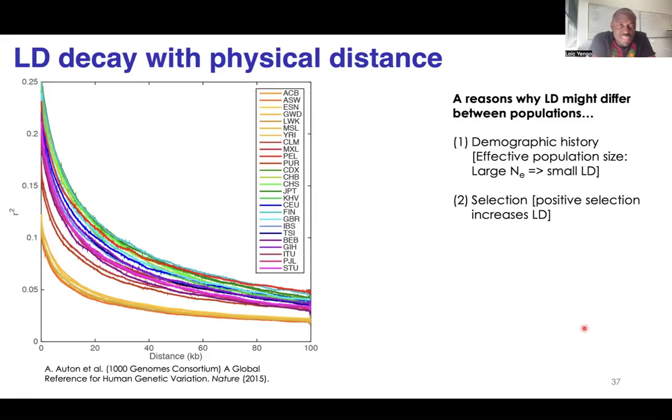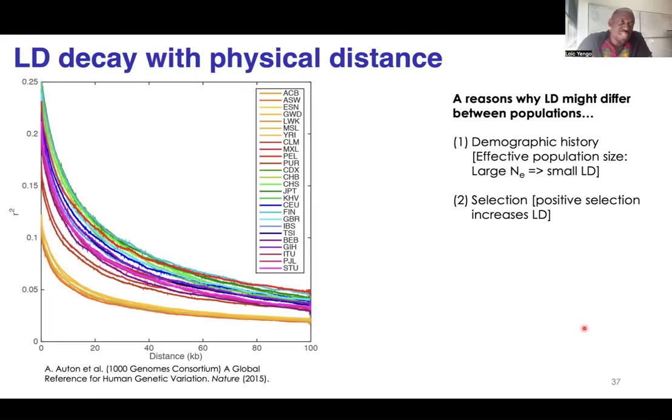There are a couple of things to observe. One is that linkage disequilibrium does vary with distance. The further apart the variants are, the lower the LD. This is a property that is important to keep in mind. It will influence many of the applications that you're going to hear about in the following part of the workshop. But it also shows that there are differences between populations, here looking at different populations across the world.